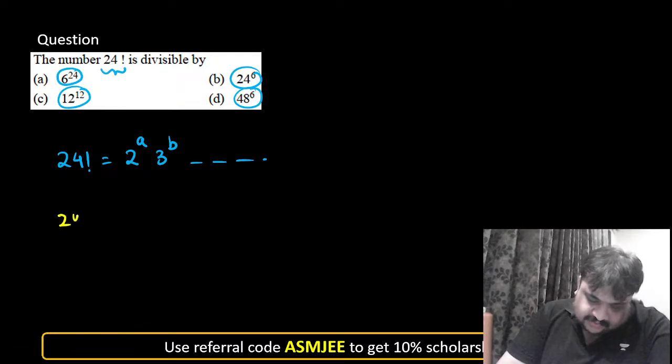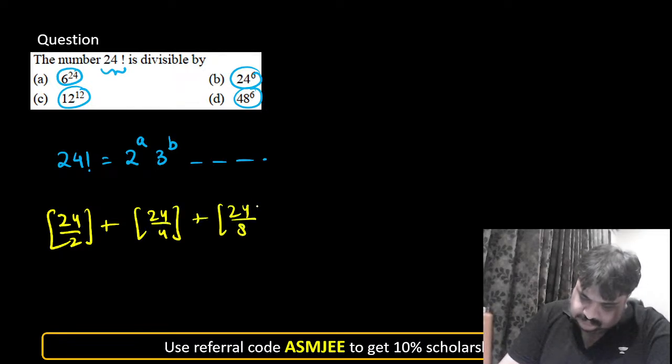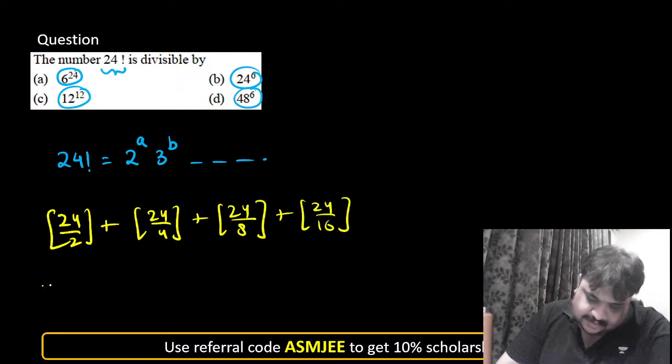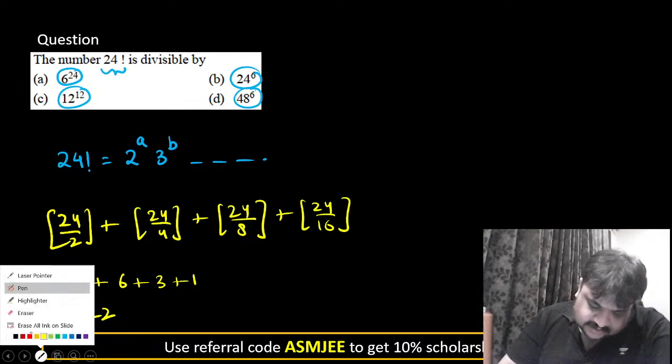So 24 by 2 box. Do you remember this funda? Twelve plus 6 plus 3 plus 1. 22. So 2 raised to 22 is there.